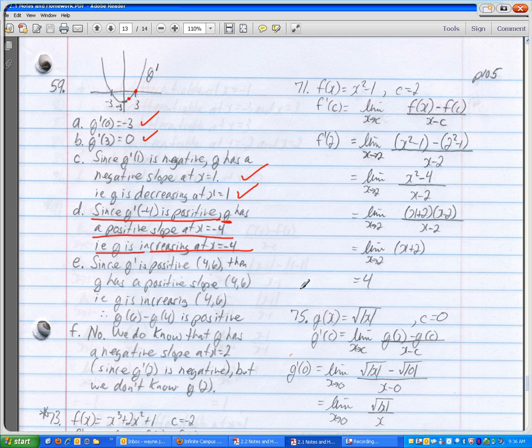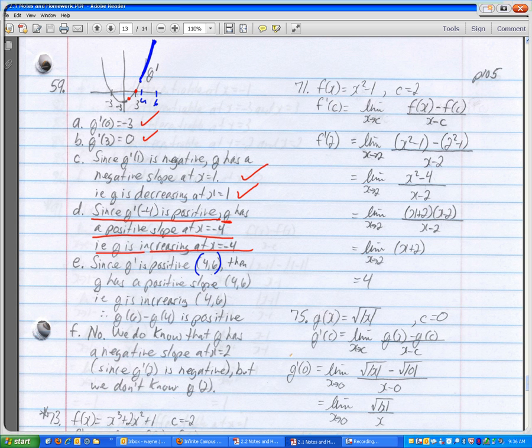Oh, okay, that's the interval. Since G prime is positive on the interval from 4 to 6, how do I know G prime is positive on the interval from 4 to 6? Because there would be 4, there would be 6. So the derivative is positive on that entire interval.